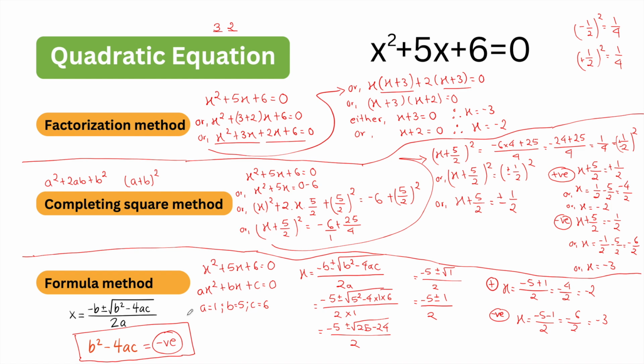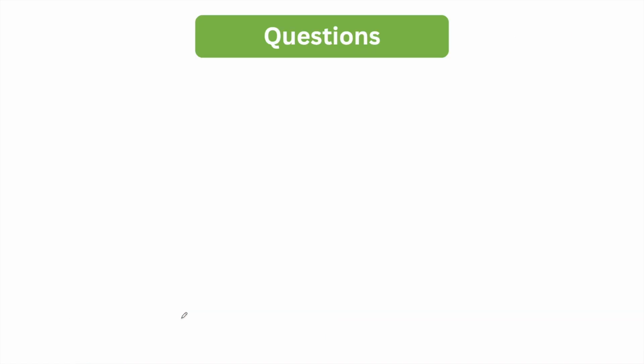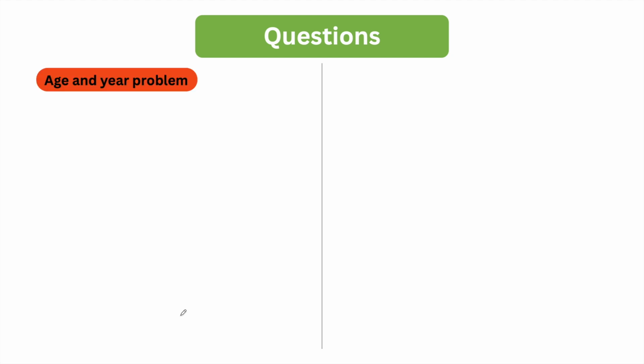Okay, you got that? Now let's move on to another slide where we will talk about the questions that are asked from this chapter. So the questions are of two types. One is age and year problems.